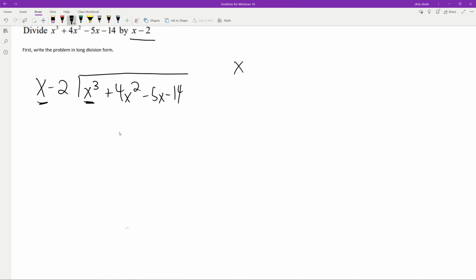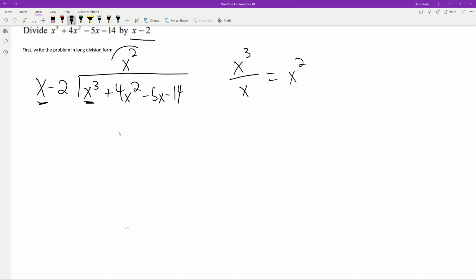Or in other words, what is x cubed divided by x? Well, this is x squared. So x goes into x cubed, x squared times. So I'm going to write x squared above the x squareds here. You don't necessarily have to align it like this, but this is how I prefer to align it. It helps us maybe organize our thoughts a bit better.